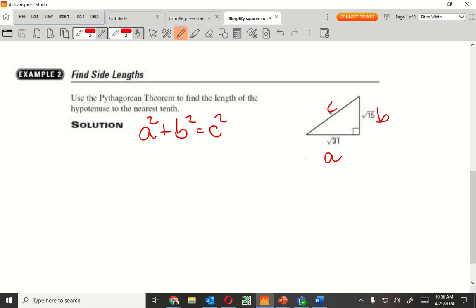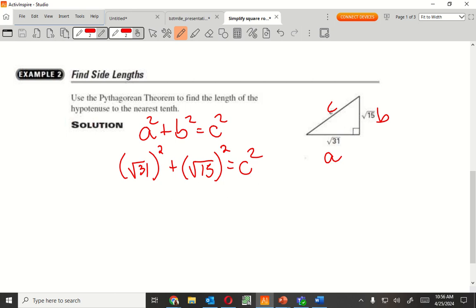In this case, my A is going to be the square root of 31. We have to write it like that. Plus B squared, which is, in parentheses, square root of 15, close squared, is equal to C squared.